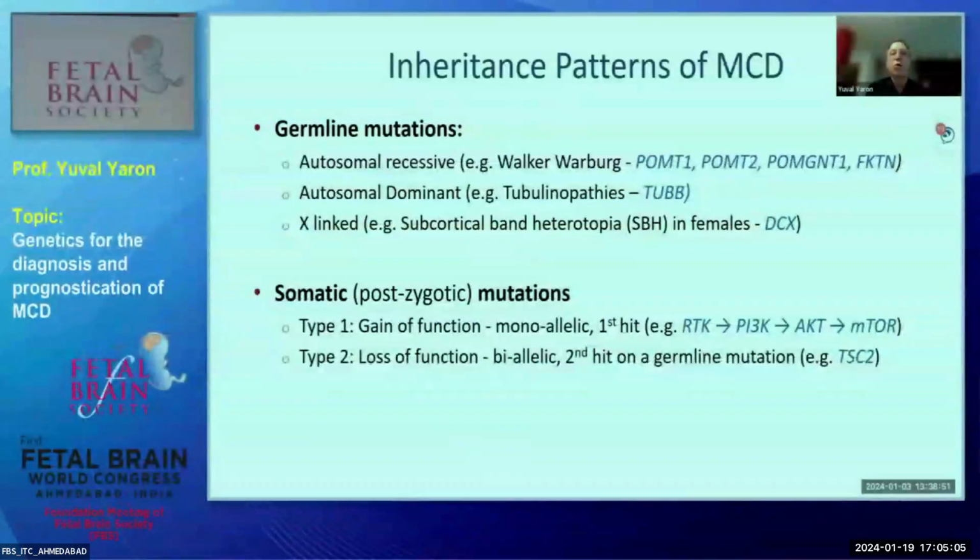Now, true, some may occur as de novo mutations, but they are throughout the body in 100% concentrations. But in some cases, of course, these are inherited mutations. And as I said before, there could be varying penetrance. So a normal or close to normal parent may have a child with a significant MCD nonetheless.